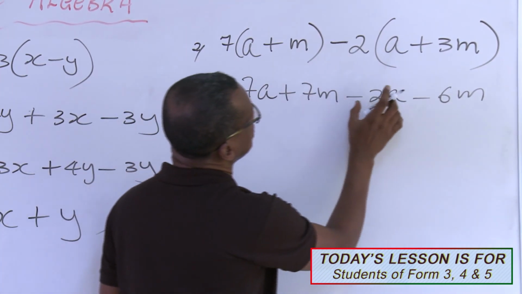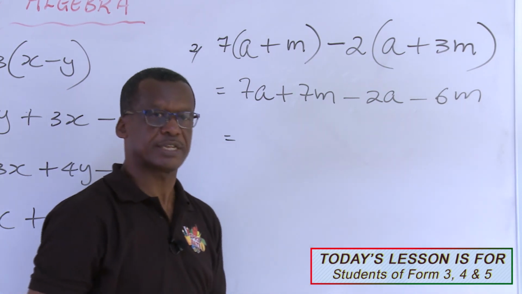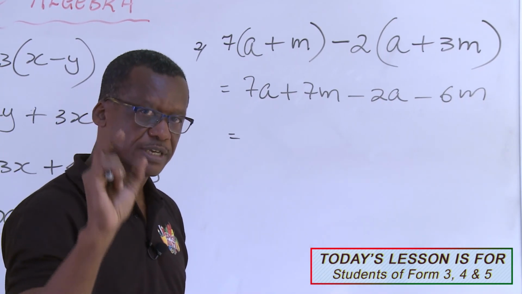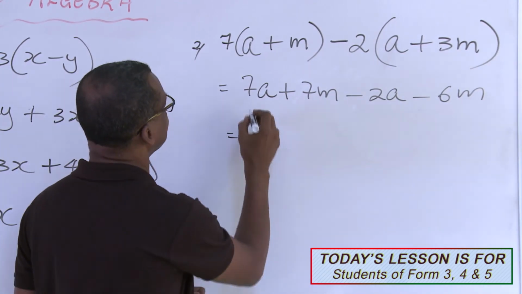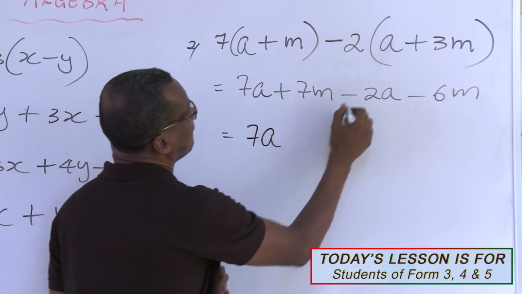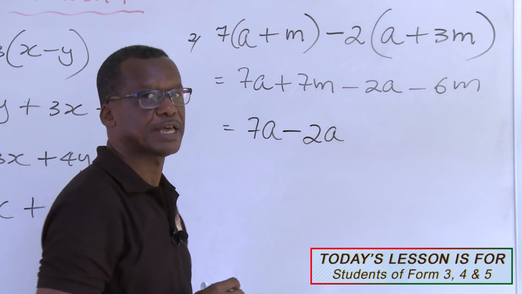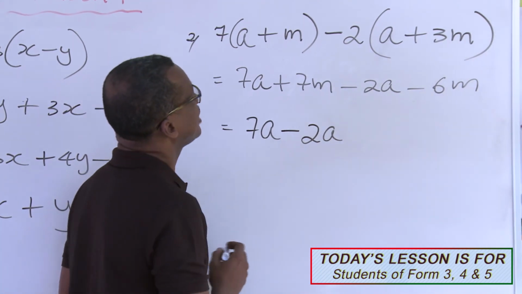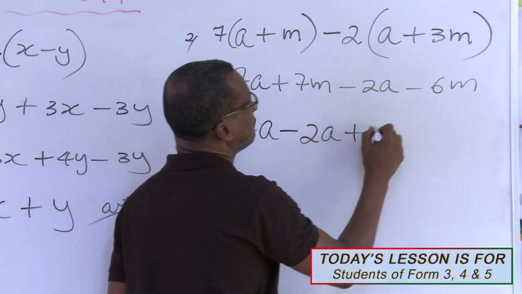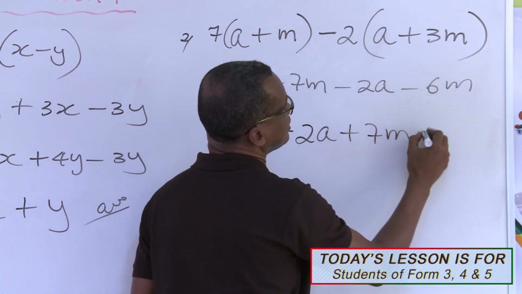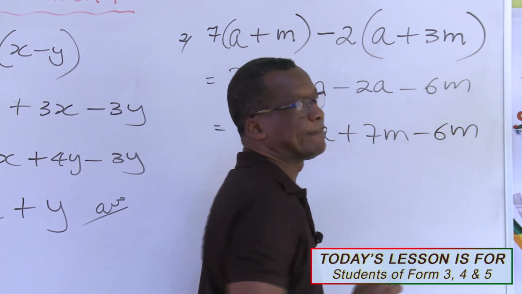So 7a minus 2a. Remember what we said? You bring like terms together, keeping the sign that they have. So it's 7a minus 2a. That would take care of the a's. Now the m's. Plus 7m minus 6m.